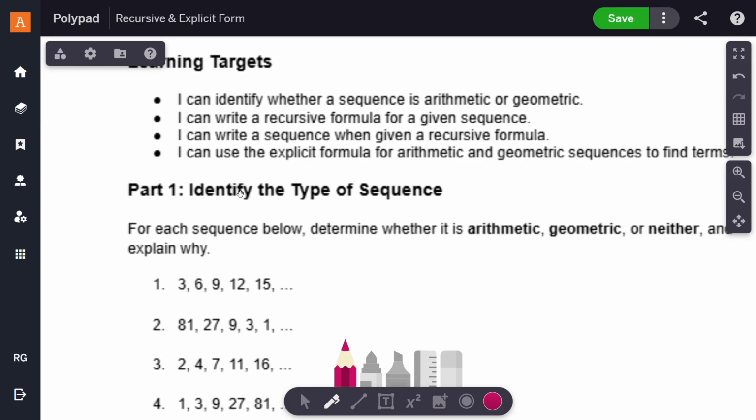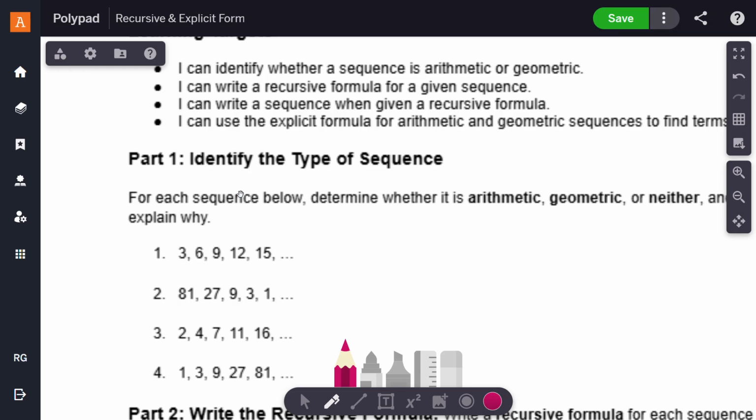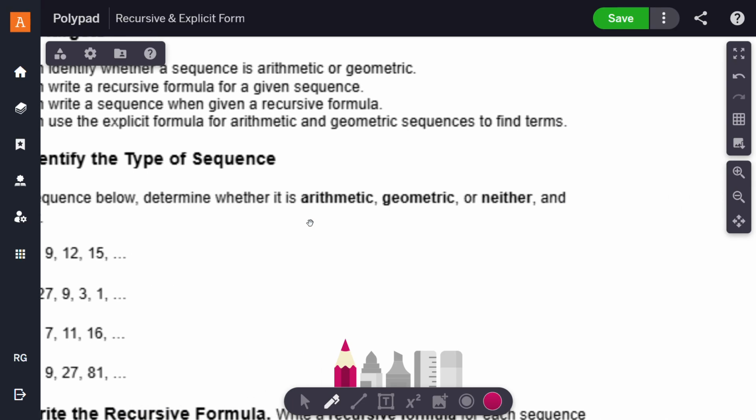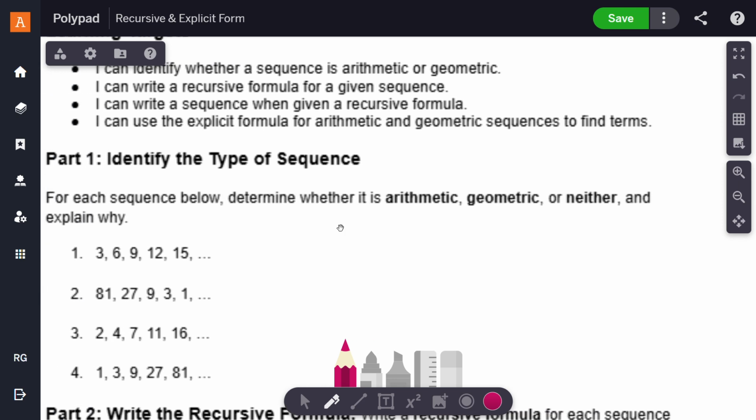All right, so let's start with part 1. Identify the type of sequence. So here what we are going to do is first understand what geometric and arithmetic sequences are. And even though the words may seem a little confusing, in an arithmetic sequence, you either add or subtract to get from one term to the next.